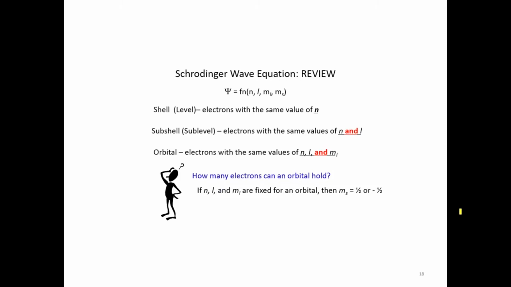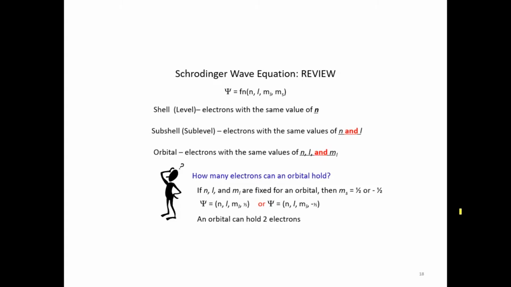So the only parameter that you can vary then would be the spin number, the ms, and that has only 2 possibilities, +1/2 or -1/2. So in other words, if an electron is in a given orbital, it could be n, l, ml and then +1/2, or it could be n, l, ml and -1/2. In other words, there's only 2 possible values allowed in one orbital, which means therefore that in one orbital you can have a maximum of 2 electrons.